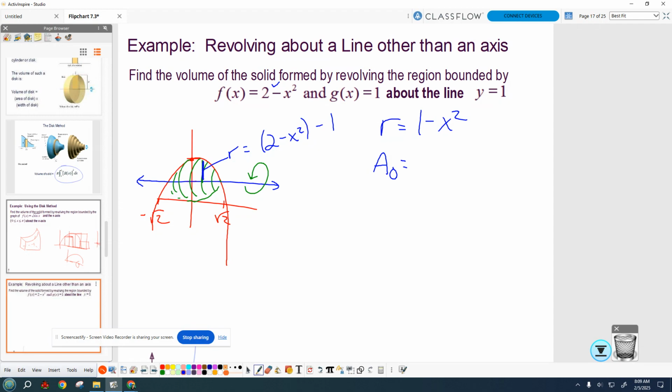So Sebastian, what's the area formula for one cross section? For this one, that's circle, pi r squared. Sadie, can we integrate this the way it's written? No, I would distribute. Okay, perfect.